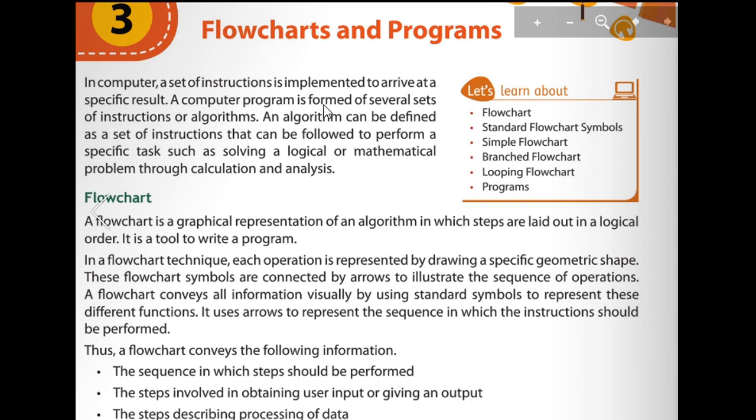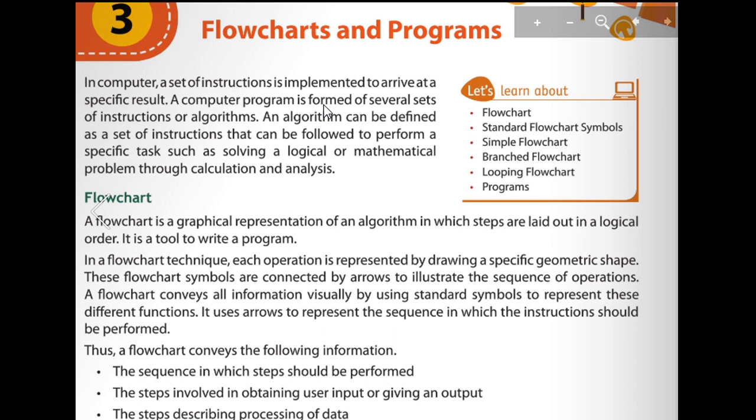These flowchart symbols are connected by arrows to illustrate the sequence of operations. A flowchart conveys all the information visually by using standard symbols to represent these different functions. It uses arrows to represent the sequence in which the instructions should be performed.